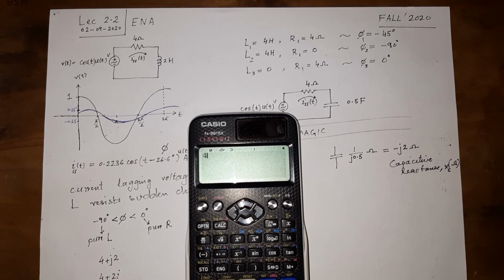So 4 plus 2 iota. If you press equal to, you get this number. I hope the output mode really matters, because I want the number to be in the polar form as well. Anyway, let us try to do the sum now.